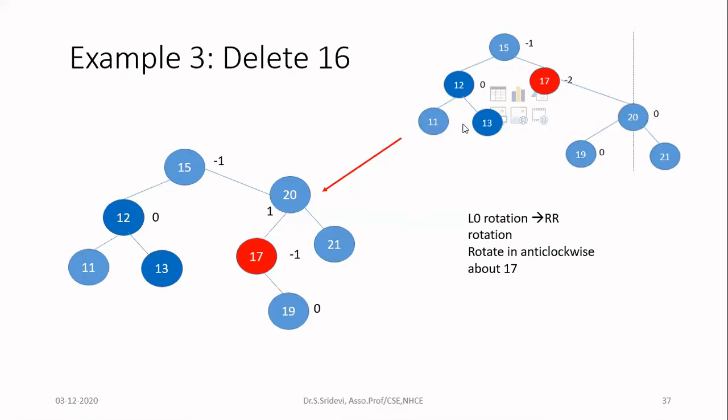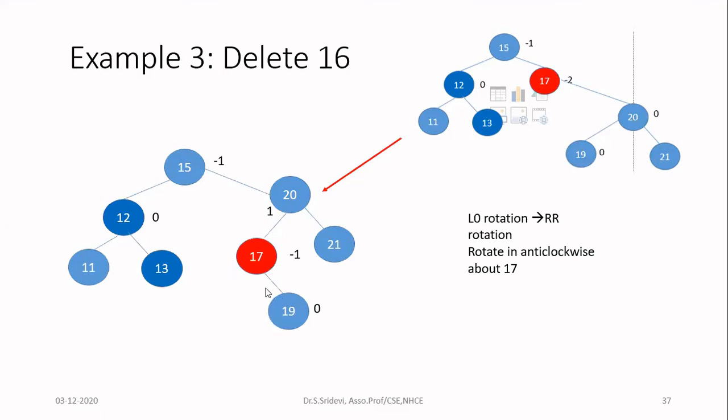When 17 is pulled down in the anticlockwise direction, 20 along with 21 will move up. So 21 will be connected as the right child of 20. But now in the new tree, 17 is the left child of 20. So we cannot connect this 19 as the left child of 20.